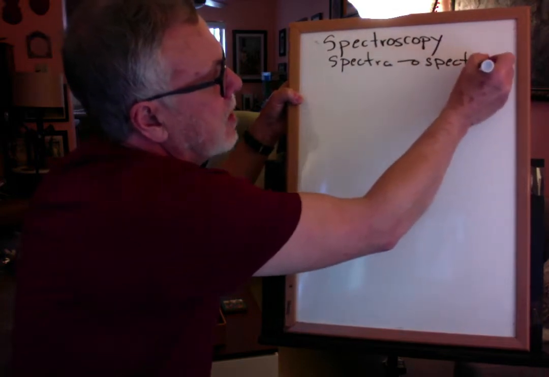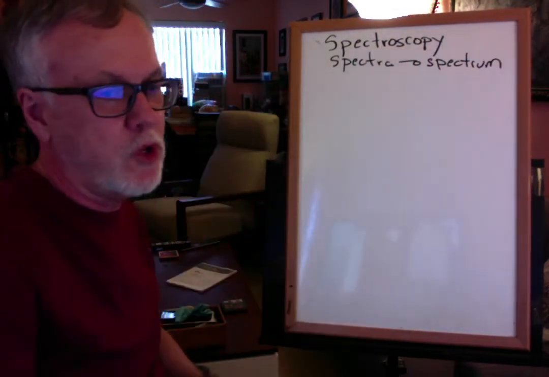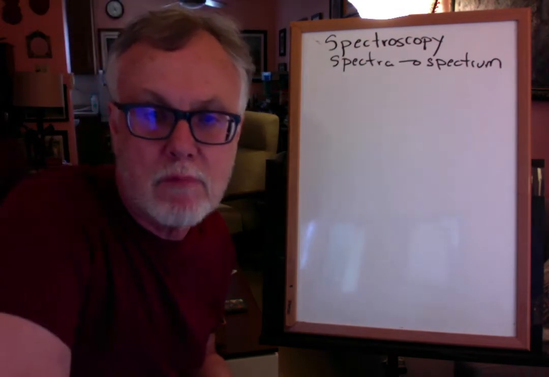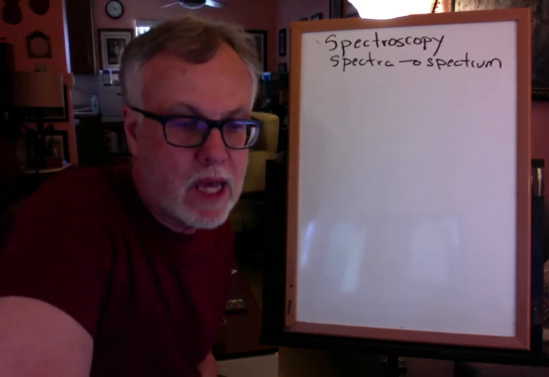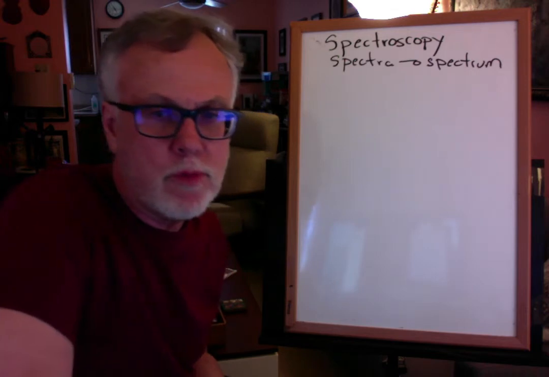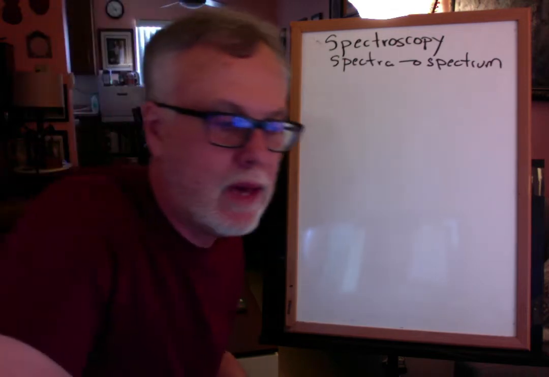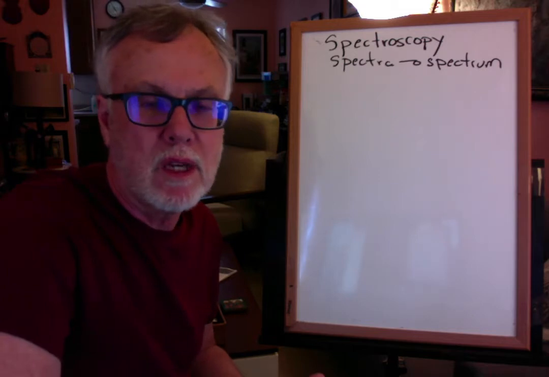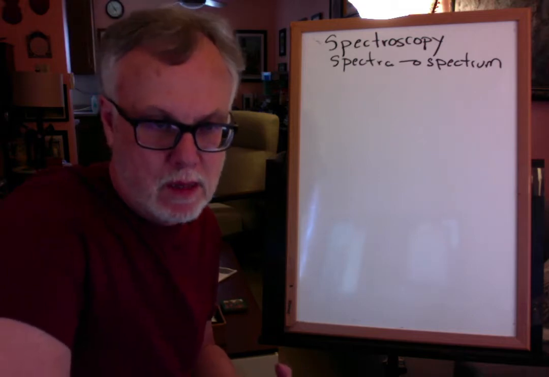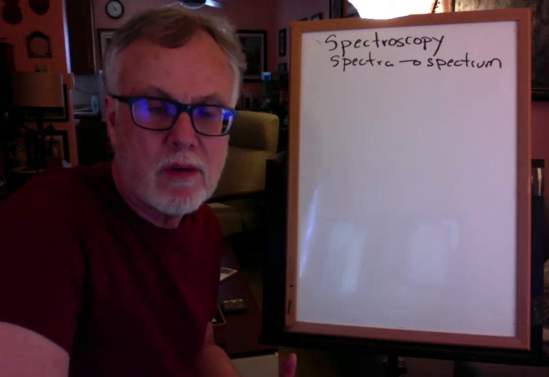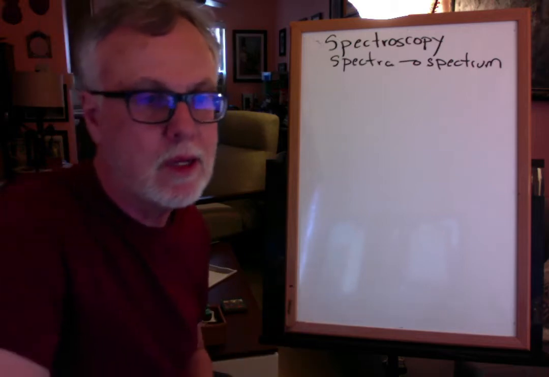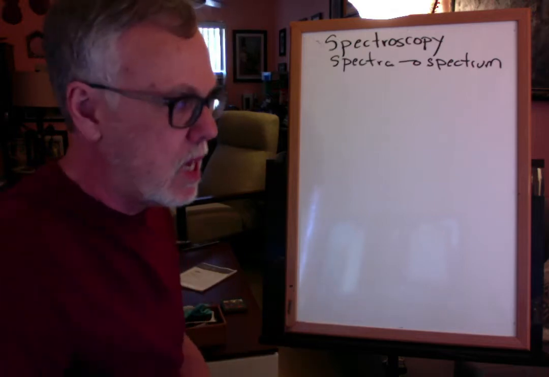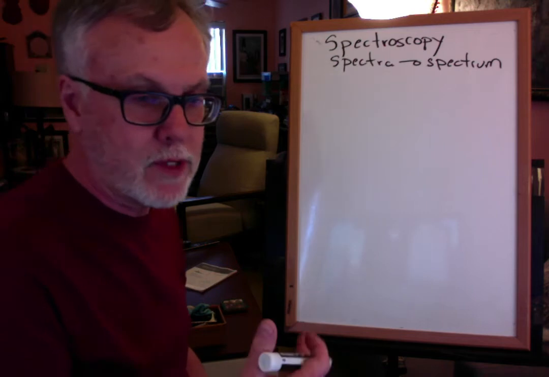Those are all the basically individual, pure colors that make up any type of light we see. So the most common one is where we have white light. White light is made from all the colors of the rainbow. And when they basically mingle together into what we can see, we see white light. And so that's one type of spectra.